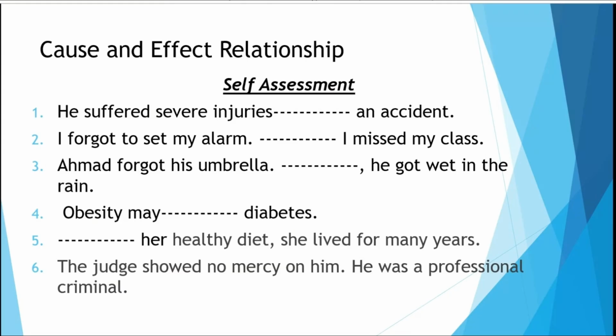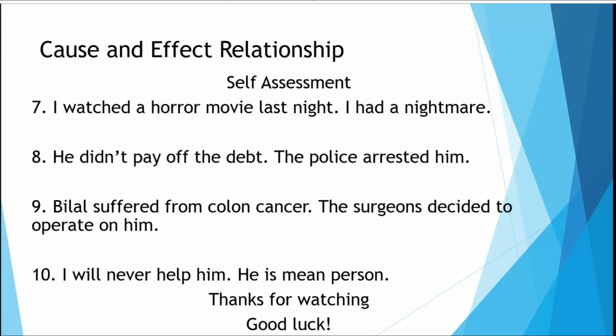After that, you can refer to the signal words or phrases that I have made a table of in one of the slides and try to fill them in. If you need any assistance, I'm happy to help you in the comment section. These are some other sentences. You can see them here on this slide.